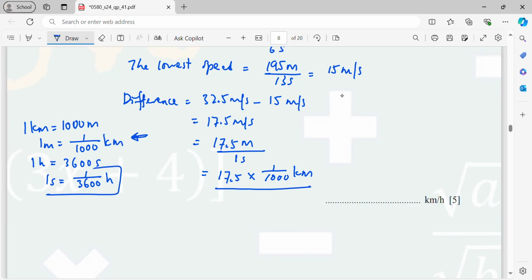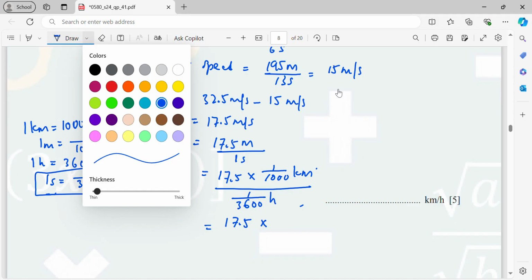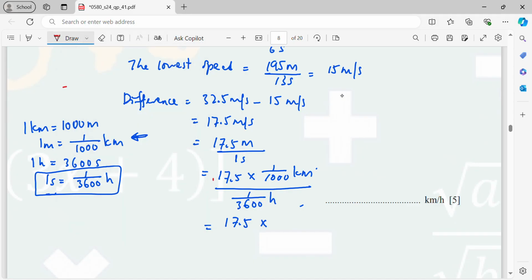Look at here, 1 second is 1 over 3600 hour. So I will change to 1 over 3600 hour. So when you look at the units here, it's already changed to kilometers per hour. So this is basically 17.5 times 1 over 1000 over 1 over 3600.